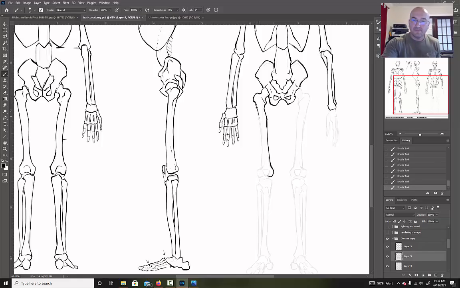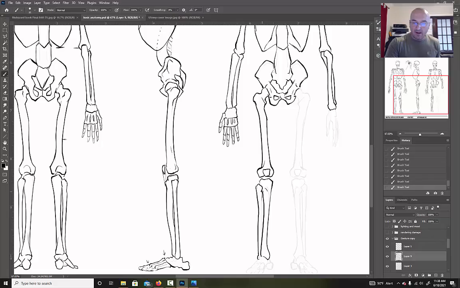And this is the femur bone, kneecap, tibia, fibula.